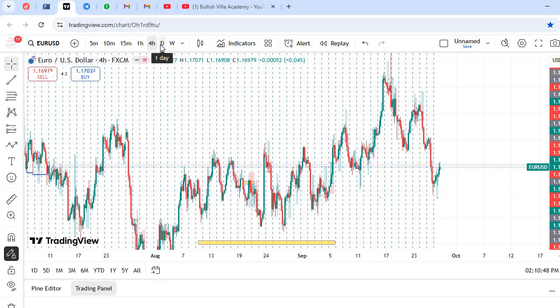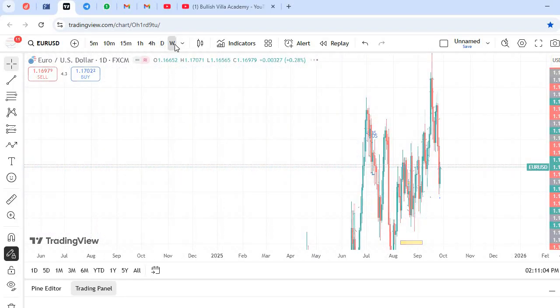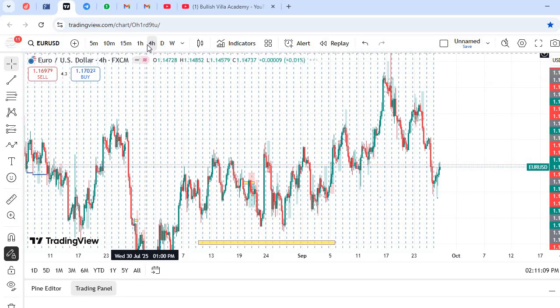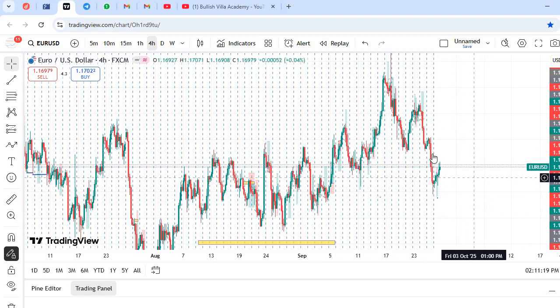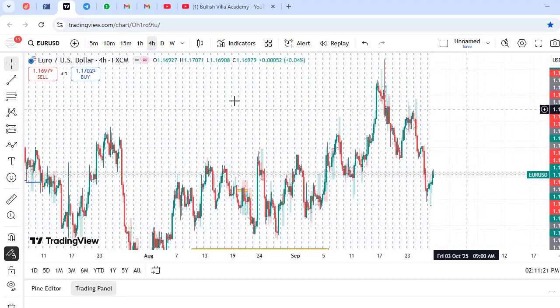You want to have a direction of the market, because once you are coming down to the lower time frame, there is a lot of noise and there's less direction. But if you really want to know where the market is headed in the long run, you start from the higher time frame, either the weekly or the daily or 4 hours. So I start from 4 hours, then I come down to 15 minutes to locate my point of interest or my supply or demand zone. Right, so we'll be starting from the 4 hour time frame.